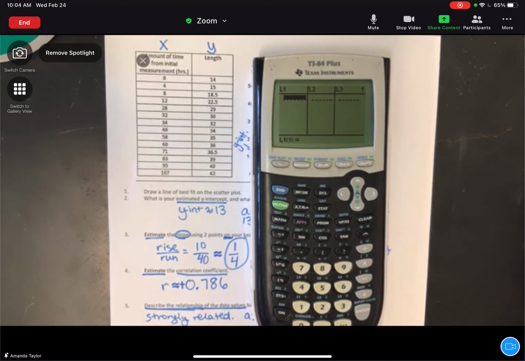Do I have enough calculators in here? I forgot my calculators from my other classroom. I need to go get those.